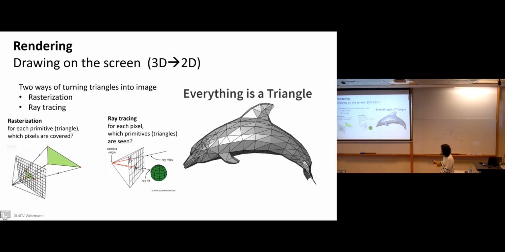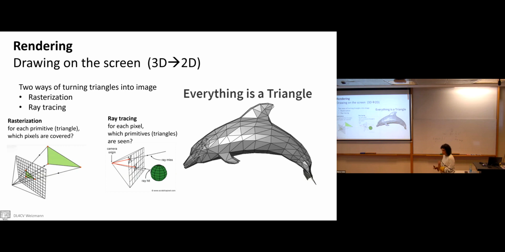In rasterization, for each triangle, you ask yourself which pixels it covers, like what you see here. In ray tracing, you shoot a ray from the camera origin to any pixel, and you ask yourself which triangle or primitive you see from this ray. So this is very different.